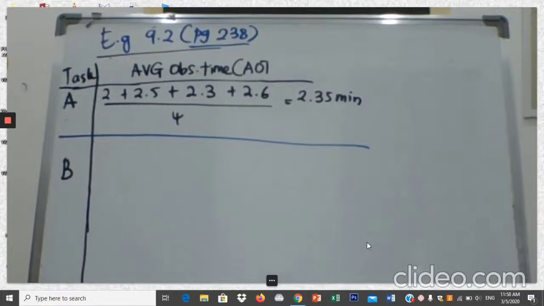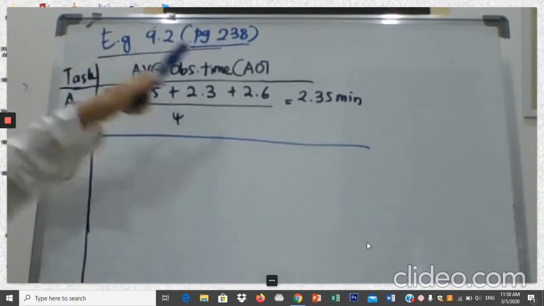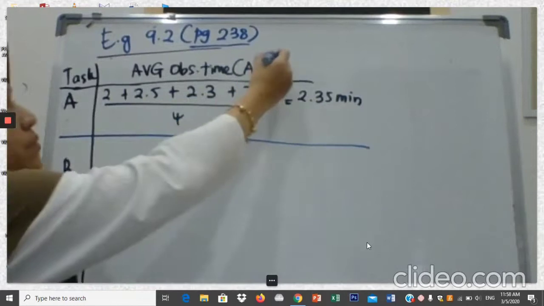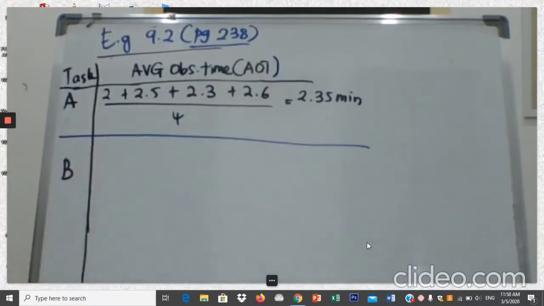To calculate the basic time, first we need to calculate the average observed time. The observed time given in this question has 4 observations. So we need to calculate the average observed time first, which I term as AOT. We have to do it task by task. So let's see task A first.